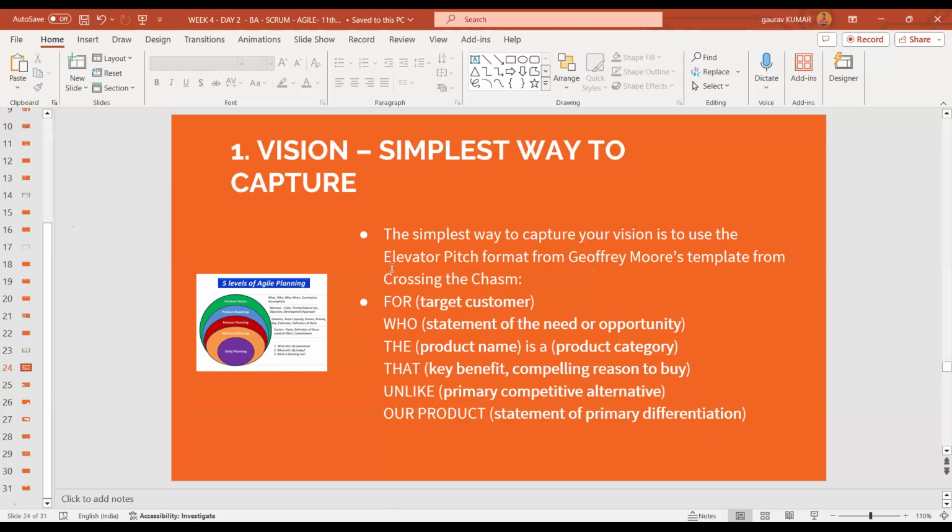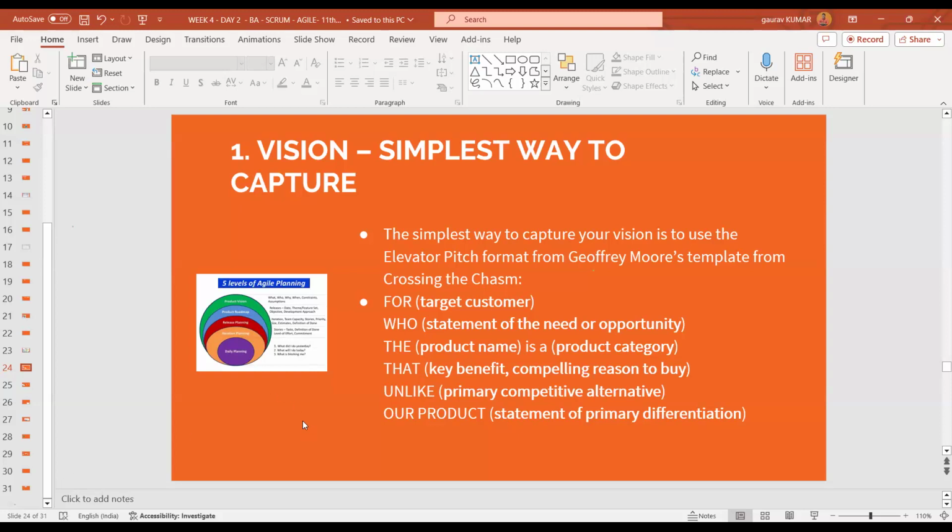Now let's try to attempt this, so that you will get the idea. Say, for example, my target customer is those parents who are always in a rush, they don't have time, and they always want to bring organic products into their home, and they also want to save more time, and they want something healthy for their children so that their family feels fulfilled.